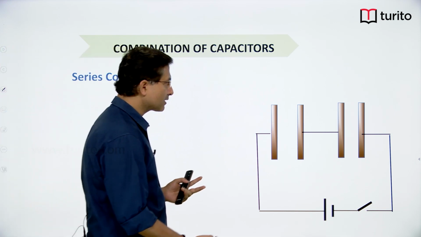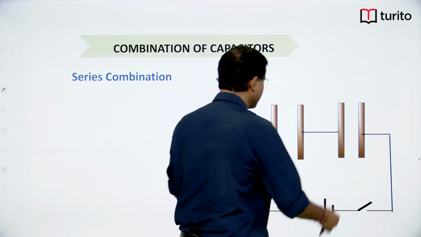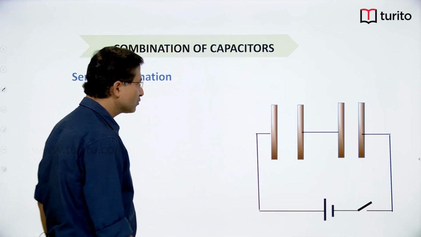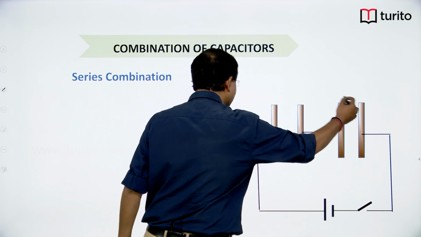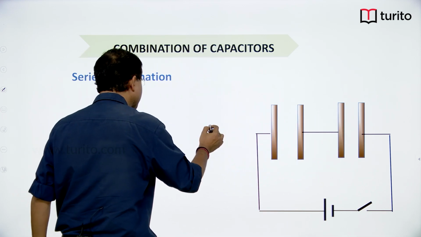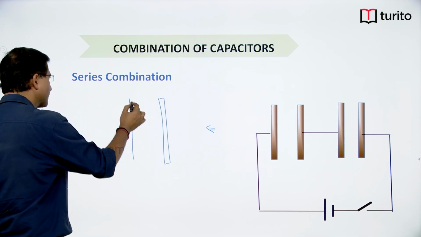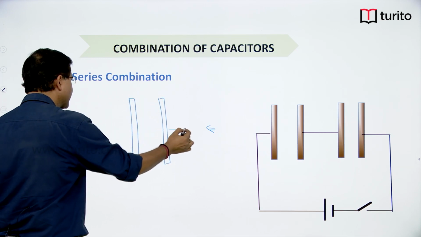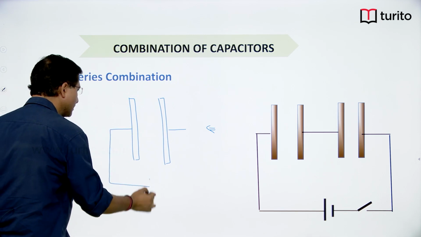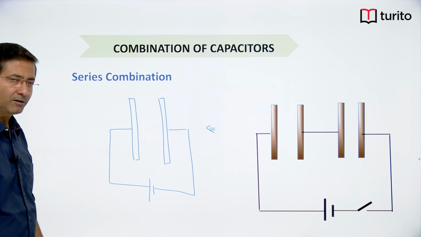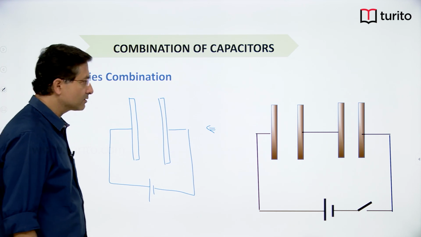So, two capacitors are connected and we want to reduce the circuit, that means I want to replace this whole branch by a single capacitor which will give me the same effect. Once connected with the same battery, I will get the same effect. And what is the effect in this situation?